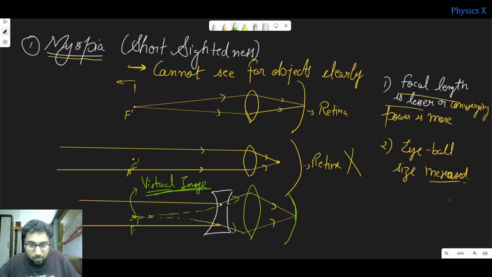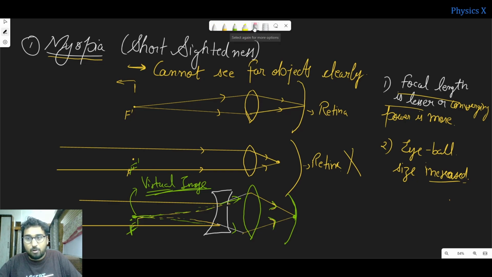So we place a concave lens, and at this time these rays will meet at the retina, and it will appear to our eye that these rays are coming from this F dash point. So a virtual image will be formed at this F dash point.